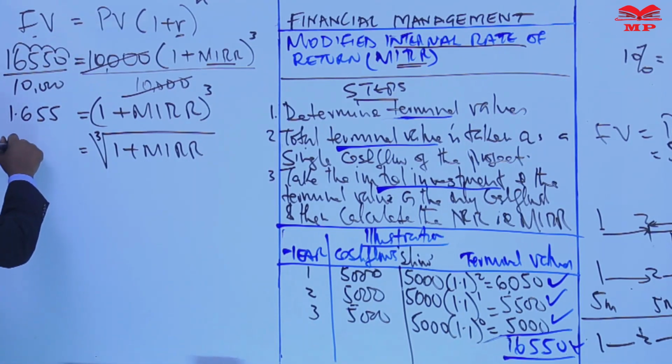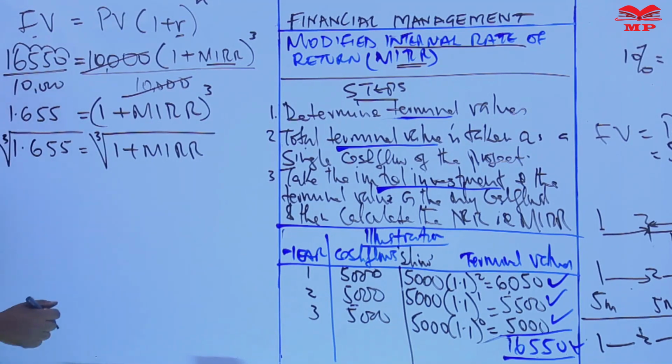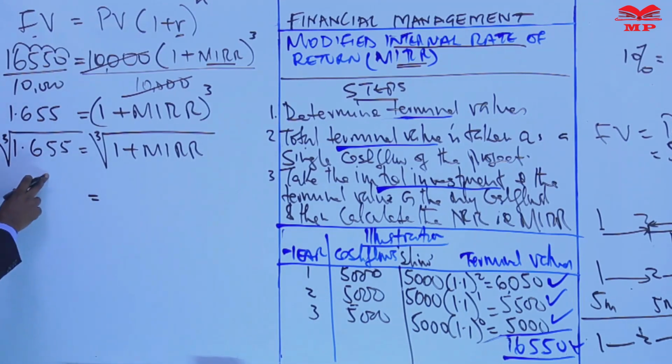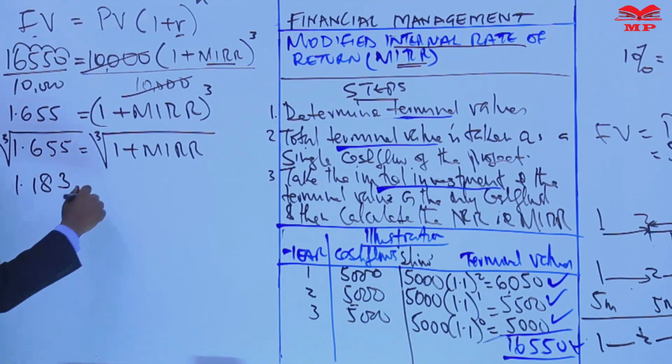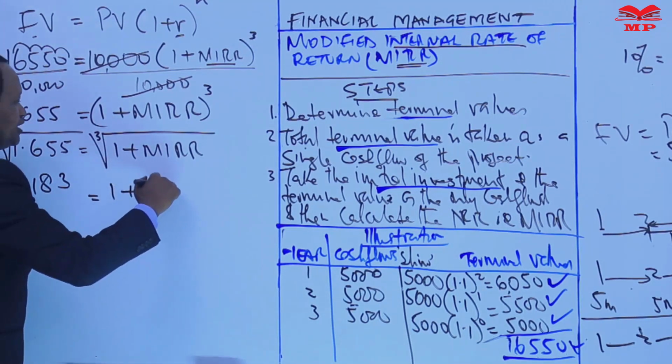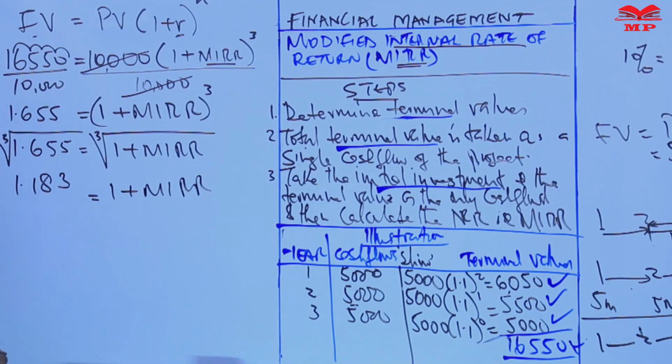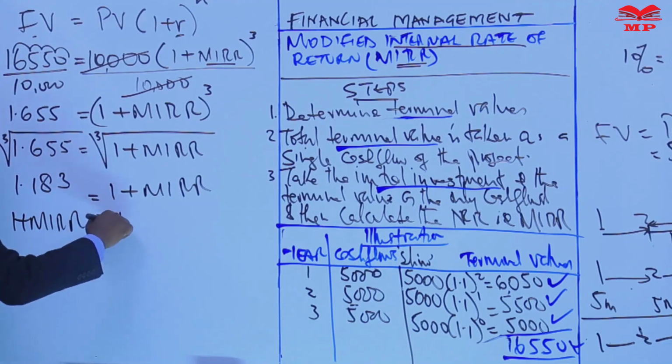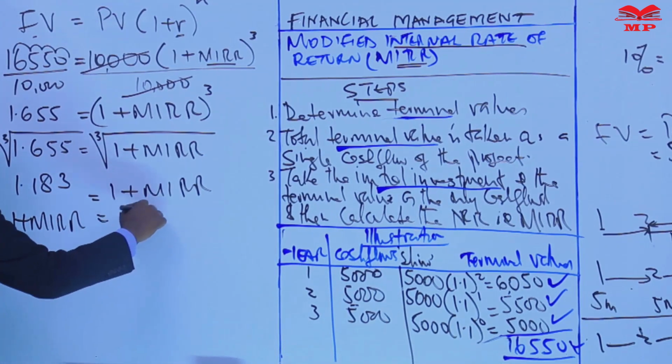So you have 1.655 raised to that root. So give me this figure. 1.183. This is 1.183 is equal to 1 plus MIRR. So 1 plus MIRR is equal to 1.183.